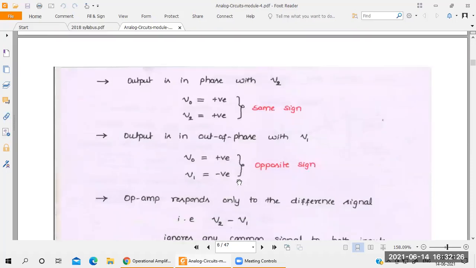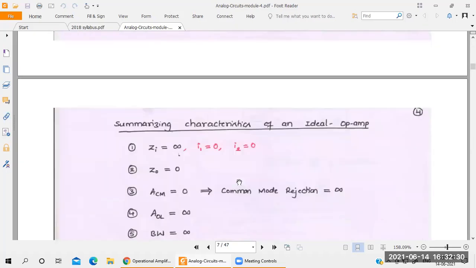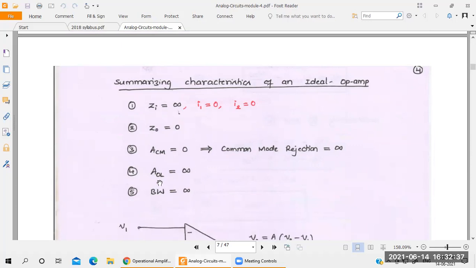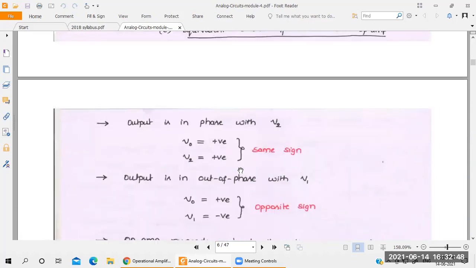Then bandwidth, common mode gain, open loop gain. These are the characteristics here. If you know all of these, we can make any kind of derivations here.